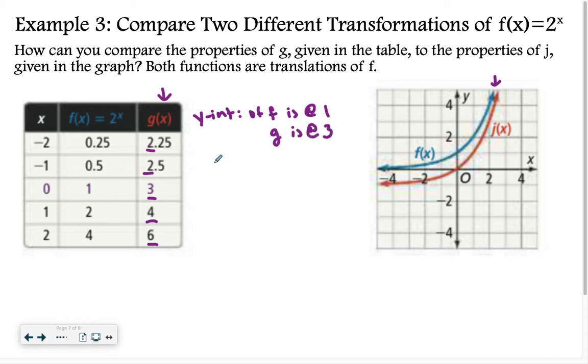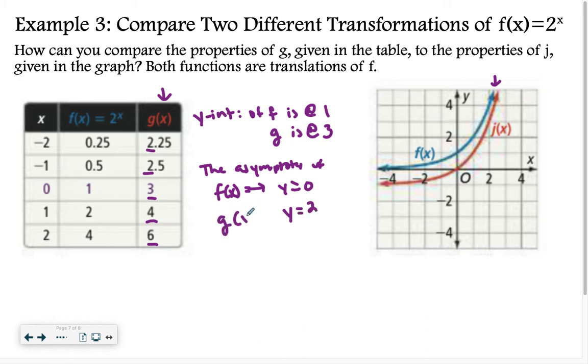And then the asymptotes of f of x would be y is equal to 0. And then for g of x, it would be 2 units greater than that. So y would be equal to 2, right?